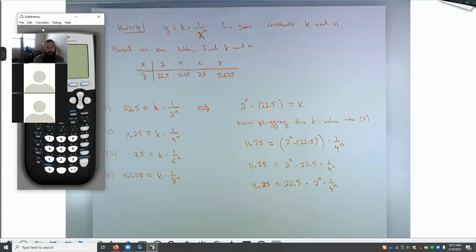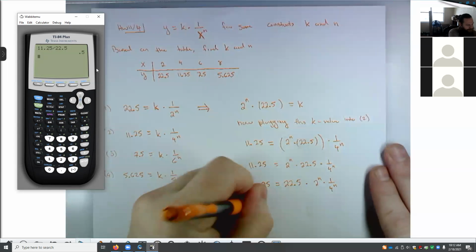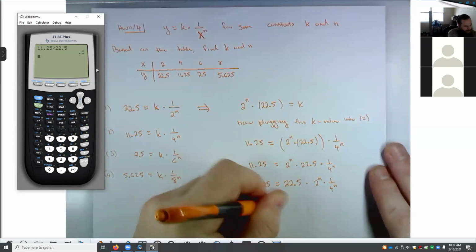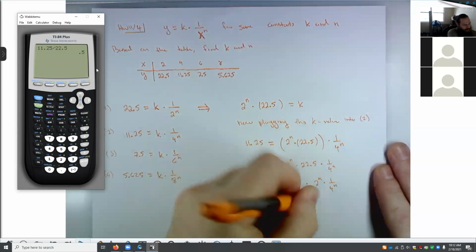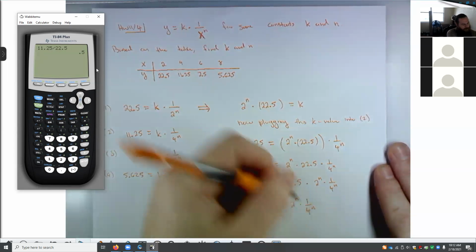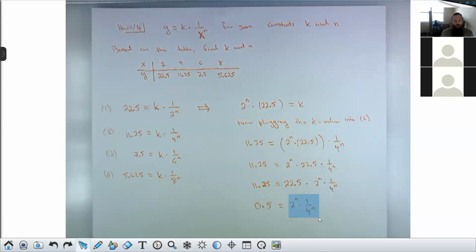What is 11.25 divided by 22.5? It's exactly 0.5. It's exactly 1/2. And then over here we have 2 to the n times 1/4 to the n. Who can help me combine 2 to the n times 1/4 to the n? How does this work?